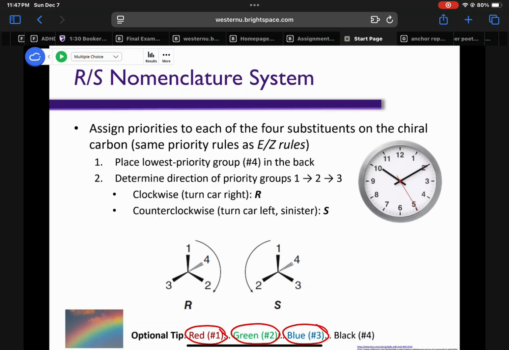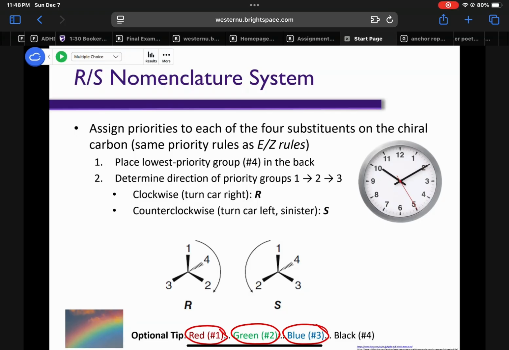So we're going to go ahead and build the molecule on the left. Red, pointing up. Red, orange, yellow, green is priority number 2, pointing to the right. Priority number 3 is green. Sorry, blue. What did I say? Red, orange, yellow, green, blue. 1, 2, 3.